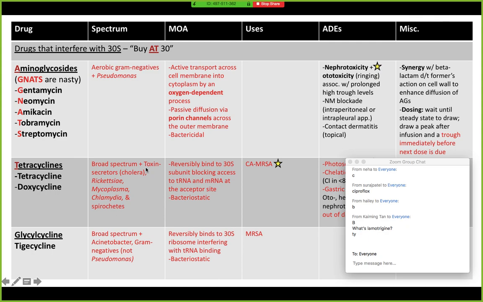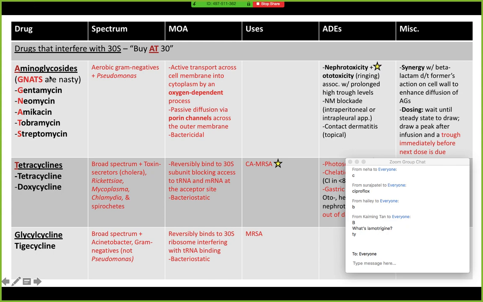All right, so going on to the protein synthesis inhibitors. My advice here is to learn your buy at 30 and sell at 50. And then at that point, you should know enough that if they ask you about the mechanism of action, you're probably going to get it correct.